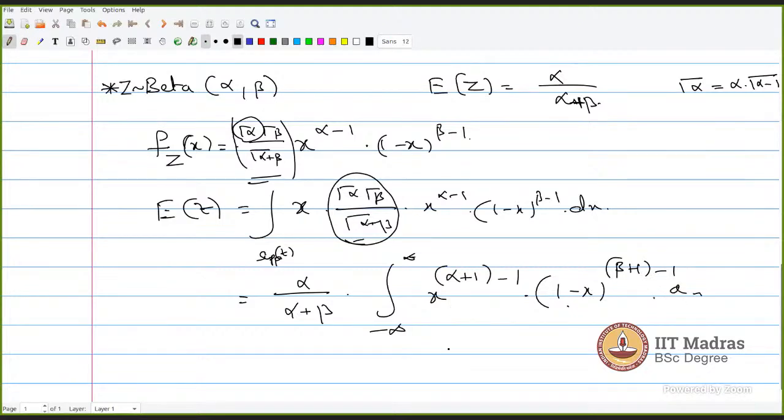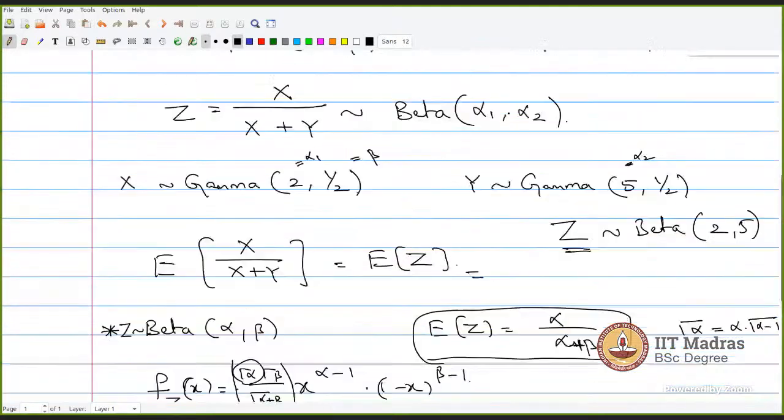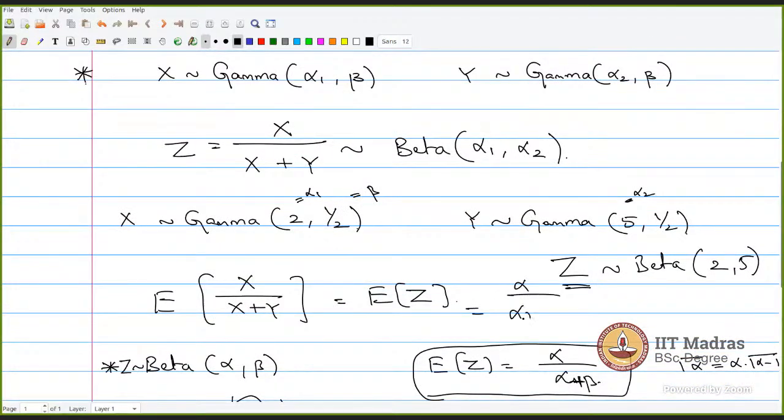So you need not worry about the proof. But ultimately, after doing all these things, the expected value of z will be alpha by alpha plus beta.